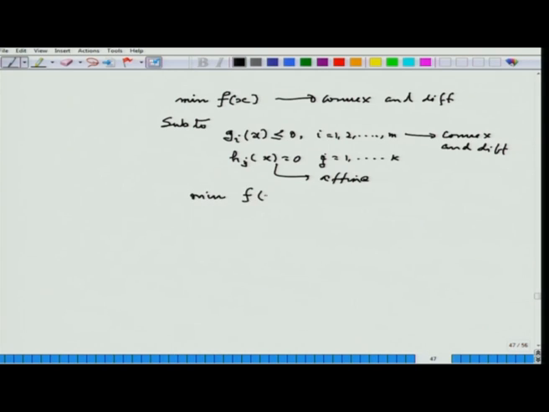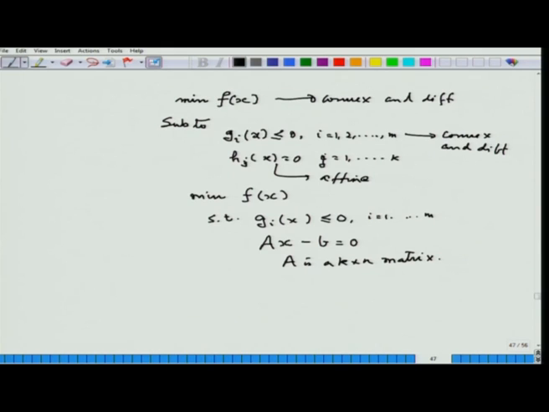Minimize f(x) subject to Ax = b, where A is a k cross n matrix.